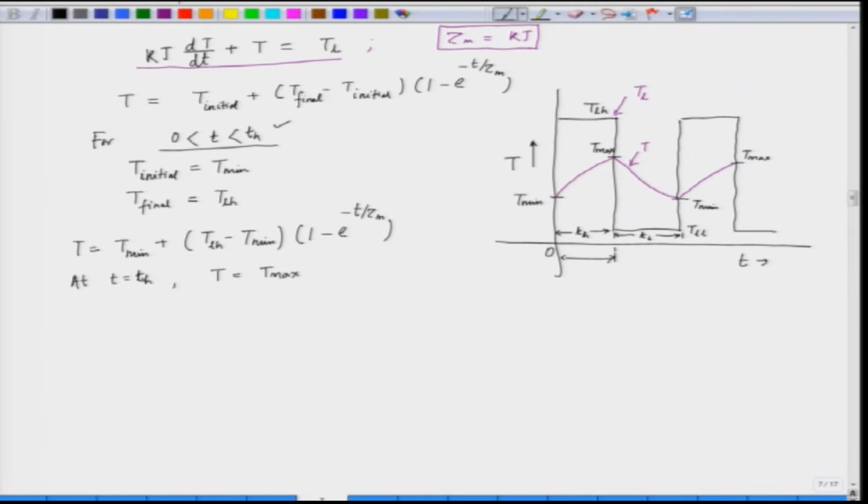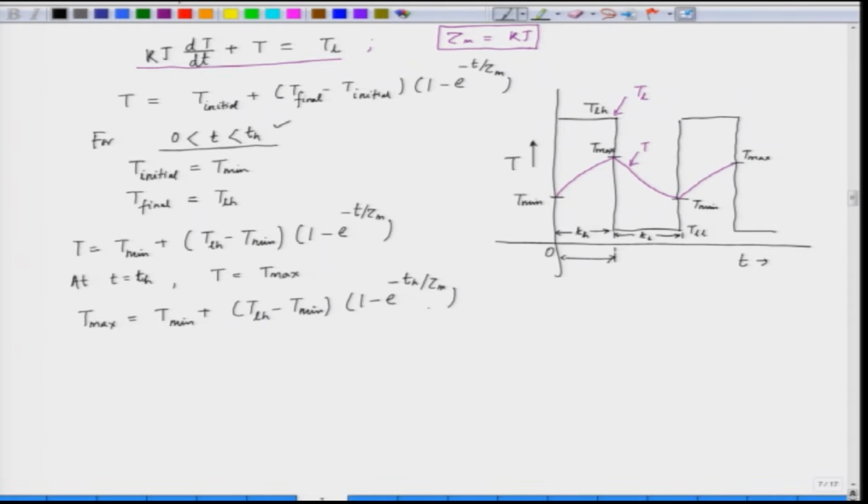When the time reaches T h, the torque actually reaches T maximum. So, T maximum is equal to T minimum plus T L h minus T minimum into 1 minus exponential minus T h by tau m.